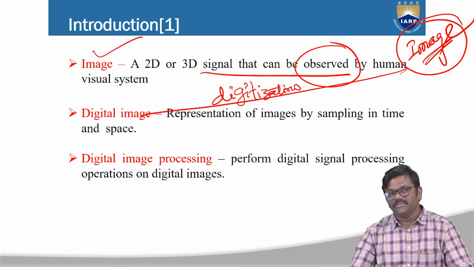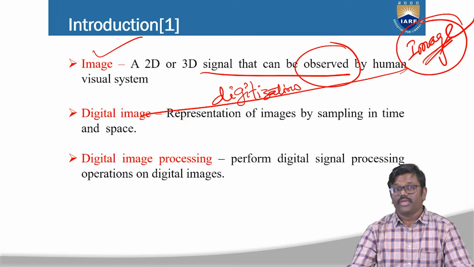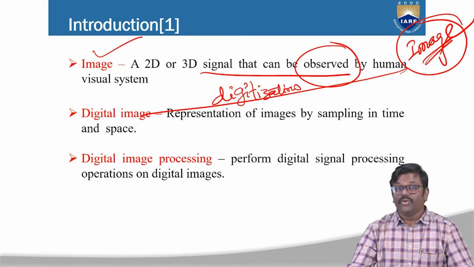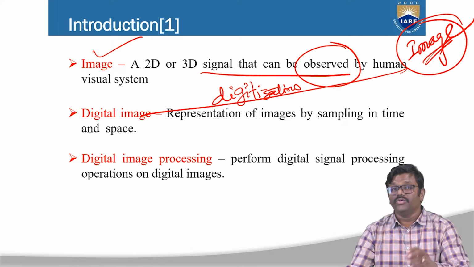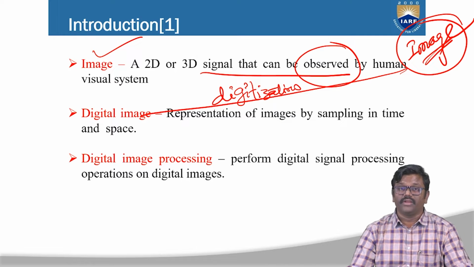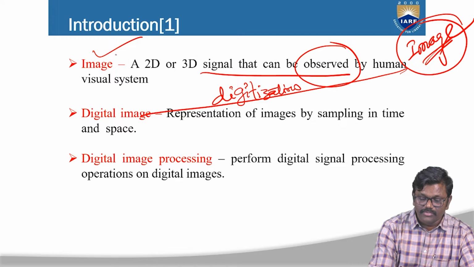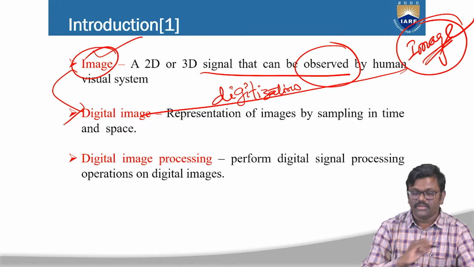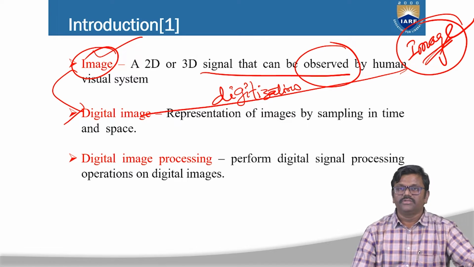Whenever we want to solve certain problems, only then do we go to the analysis of a certain image. So we must concentrate on digitization; we convert the image into a digital image.